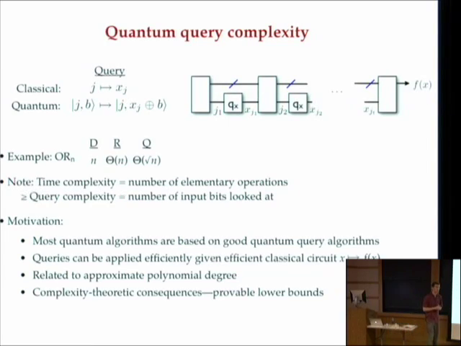When you said the query can be in superposition, is the j fixed, or can the j also be in superposition? The j can also be in superposition, yeah. So how does a single complicated query look?